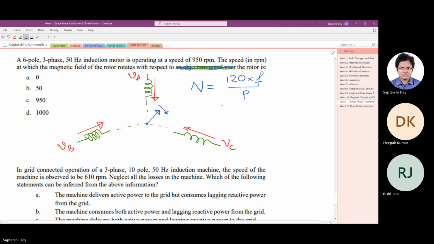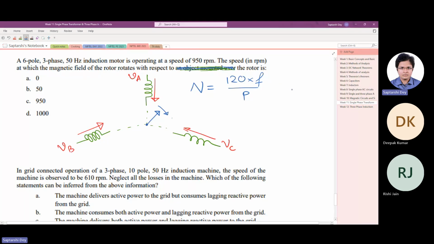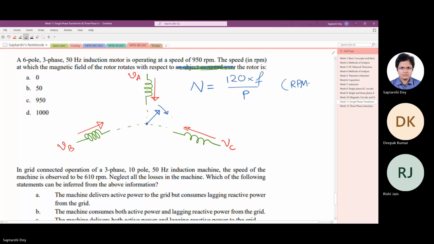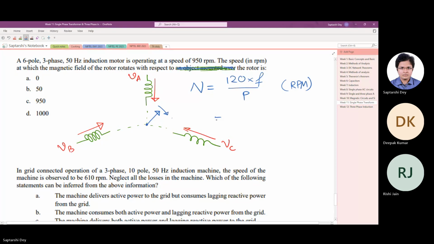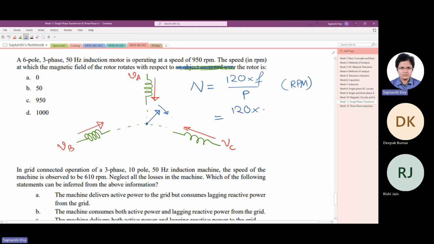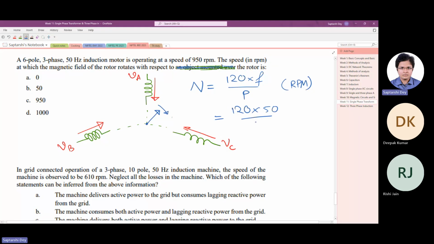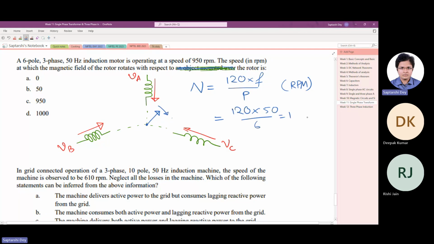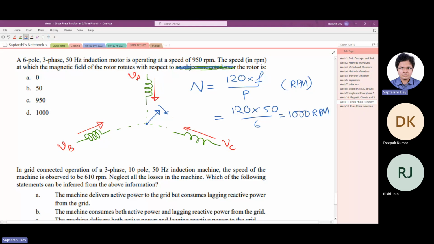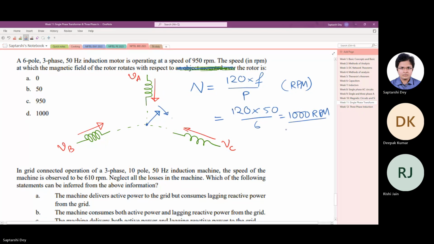That is in rpm. In this case it is 120 into 50 by 6, which is 1000 rpm. This is called synchronous speed.